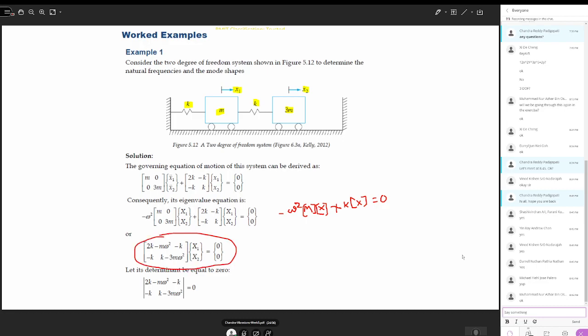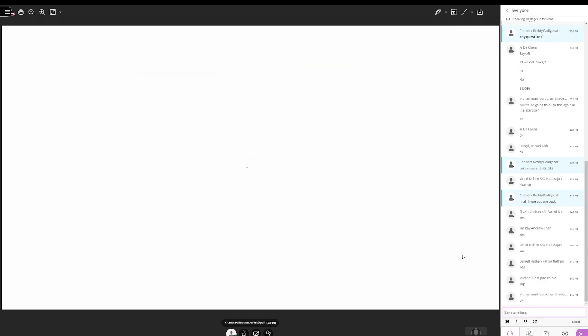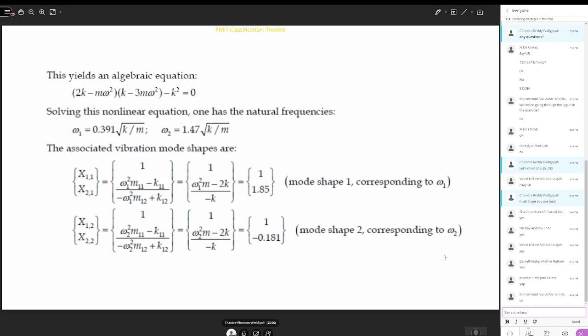Now to find the values of x1 and x2, this determinant is equated to 0. You can find the value of this determinant, cross multiply and write this expression. Now solving this equation, you will get the two frequencies omega 1 and omega 2. Once you know omega 1 and omega 2, you can apply the formulas for the mode shapes.